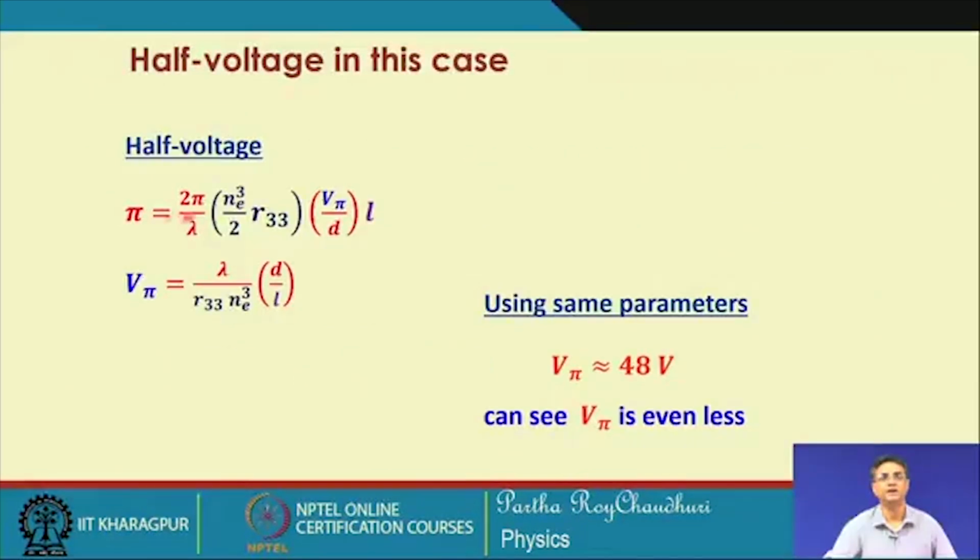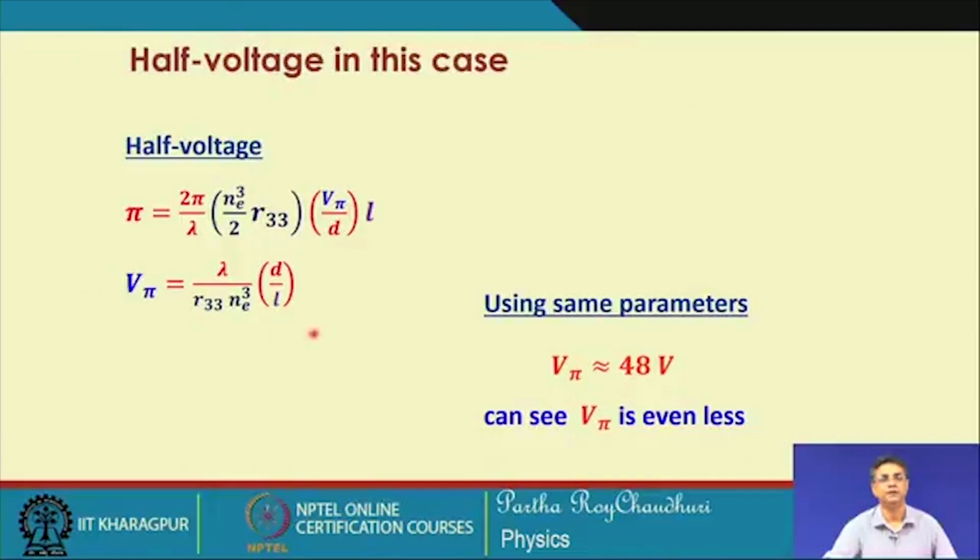So, for this half-wave voltage, if you plug in the numbers, because you have only R33 and there is nothing to be subtracted here, this value is more, and V pi by d we can write in this equation.